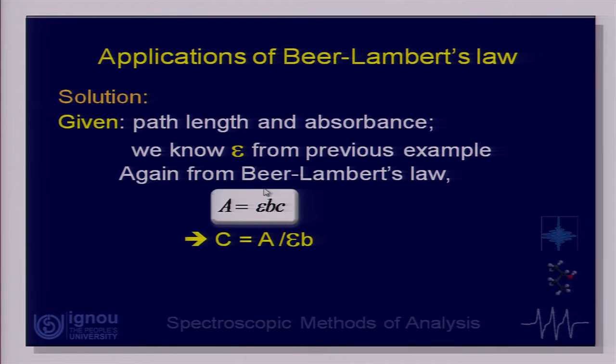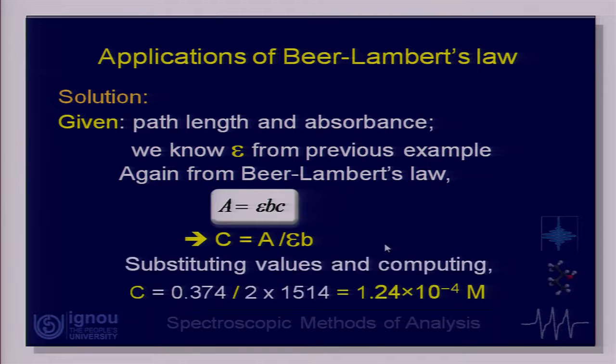Again we take recourse to the Beer-Lambert law, that is A is equal to epsilon B C. So, I need to know C now. I take C on the left hand side and rearrange the equation as C equal to A by epsilon B. I know A, I know epsilon, I know B, I substitute them and just solve it. I get the concentration.